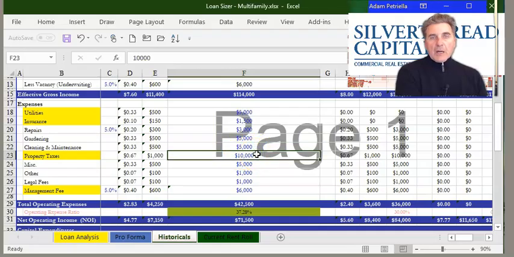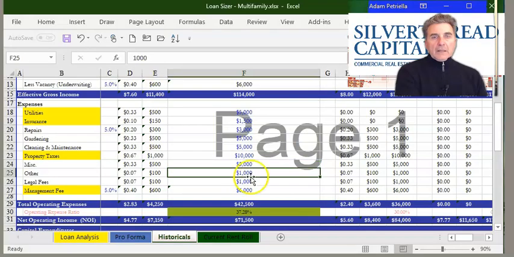Property taxes, that's documented. Miscellaneous could be anything from their auto to their cell phone to meals and entertainment. And then legal fees, again, other can be lumped in with miscellaneous.